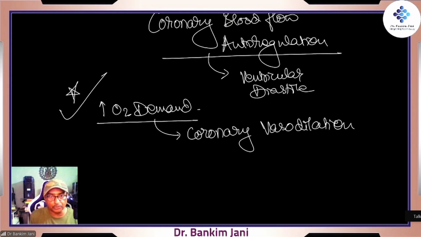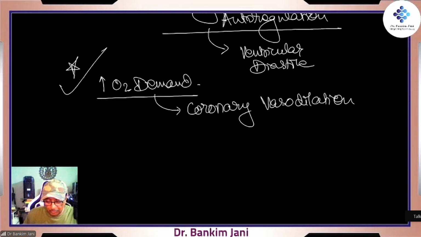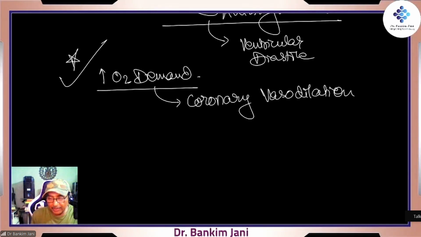Increased O2 use means at this point we have less ATP, so we need more ATP. There has to be something which will give it.